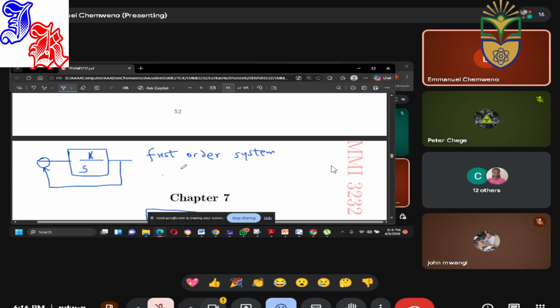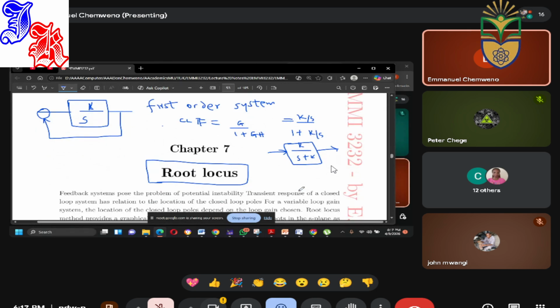The closed loop transfer function G over 1 plus GH is equal to K over S times 1 plus K over S. If I multiply through by S, it becomes K over S plus K. Supposing K is equal to 1, it becomes 1 over S plus 1.